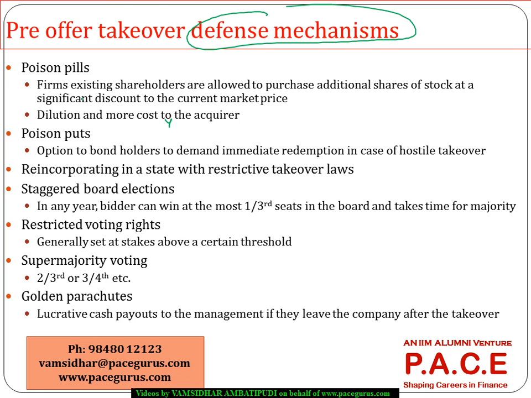As part of the pre-offer list, we see what is called a poison pill. Very interesting piece. So the shareholders of the target are given some kind of a right.